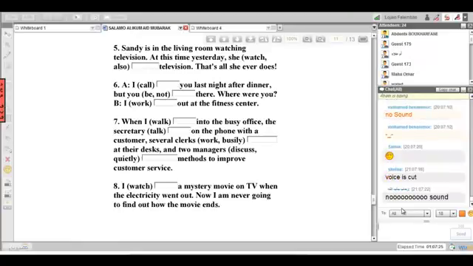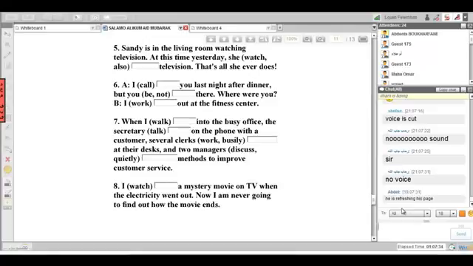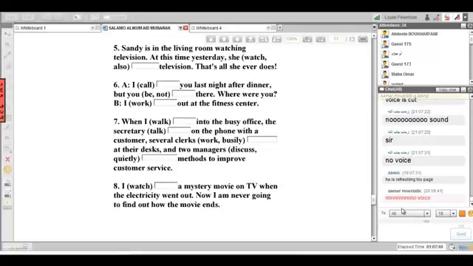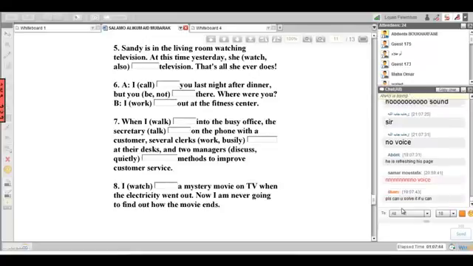Pause. This is just a couple of actions that happened in the past and that was succeeded. An action succeeded another one. So, when I walked into the busy office.